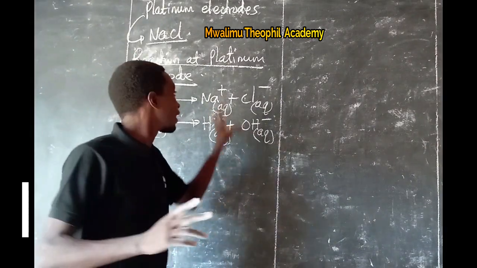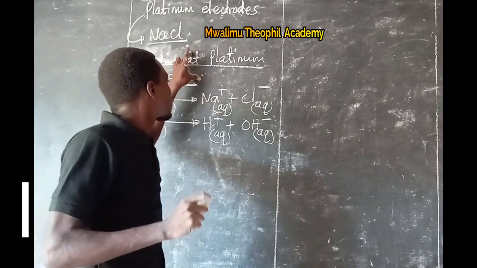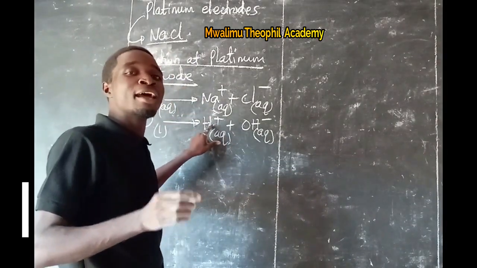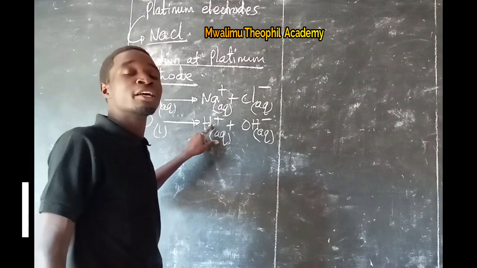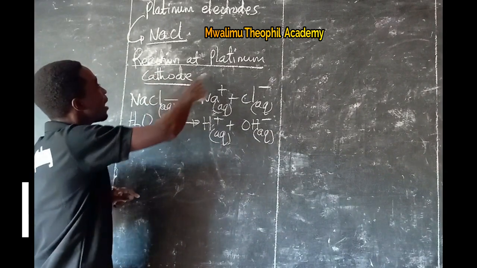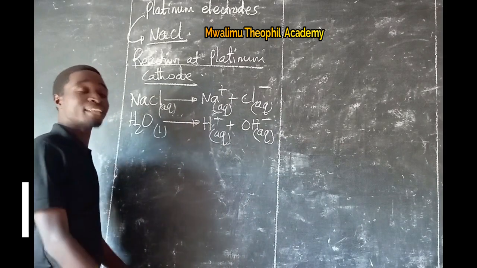But here the nature of the electrode is going to decide which ion is discharged among the two, regardless of the ease of discharge of ions, I mean regardless of their position in the electrochemical series. So, when the platinum cathode is used, hydrogen proton is discharged.